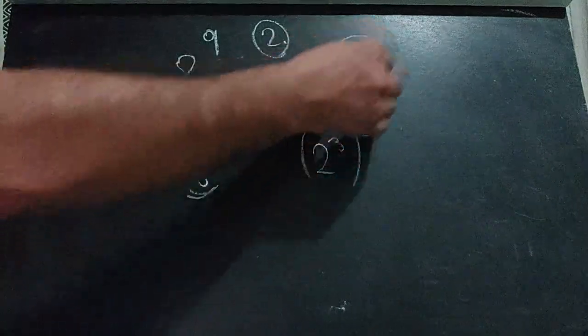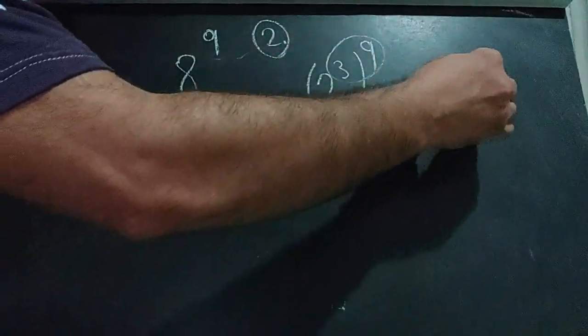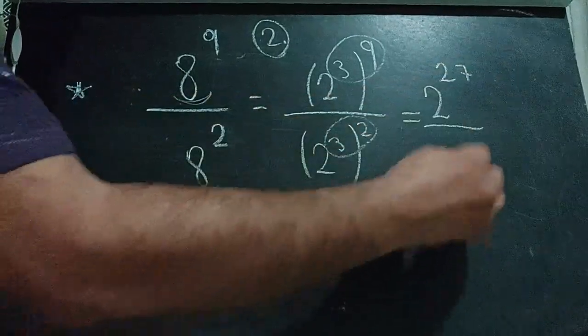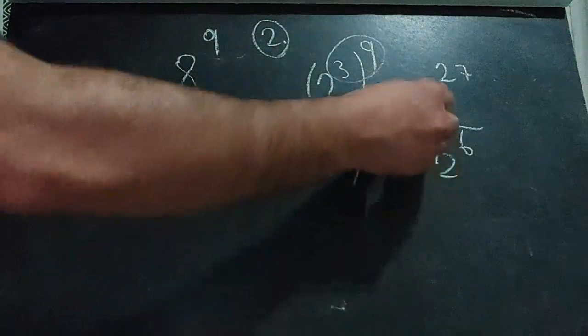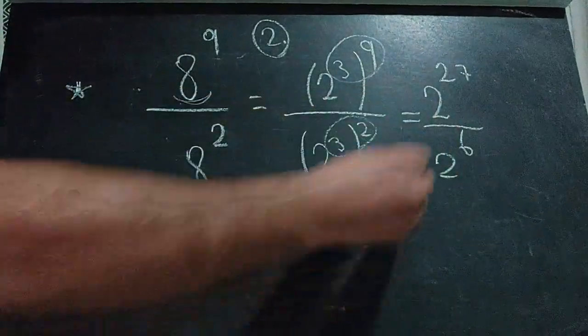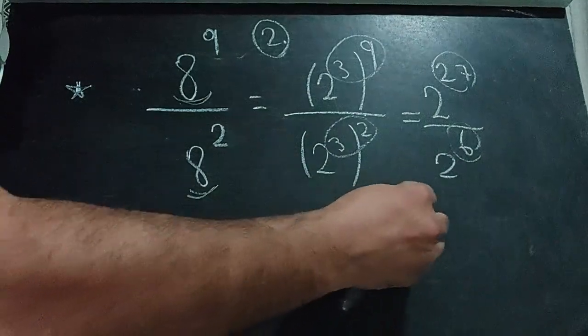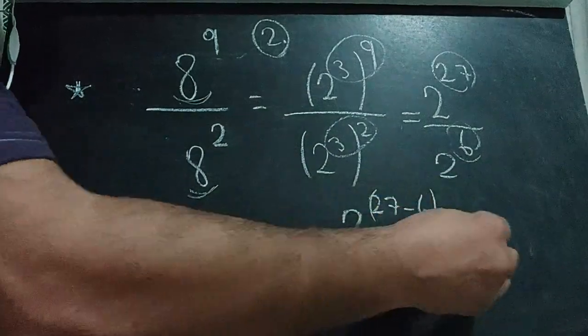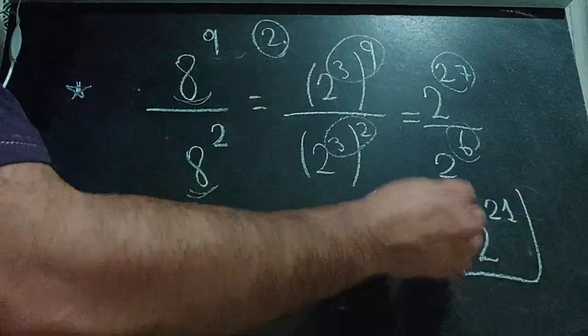From there you multiply them. That will be 2 power 27 over 2 power 6. So now from division you subtract powers from each other. That will be 27 minus 6. So 27 minus 6 is going to be 21. You will get the same answer.